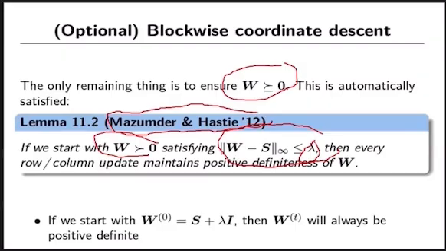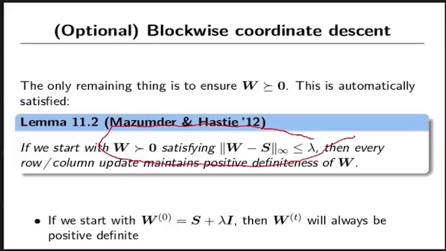And that is the reason in some situations where the covariance matrix is not positive definite, the algorithm is going to fail. And that was what triggered the intervention of Mazumder and Hastie 2012. And they imposed the regularity condition. And this is the condition.